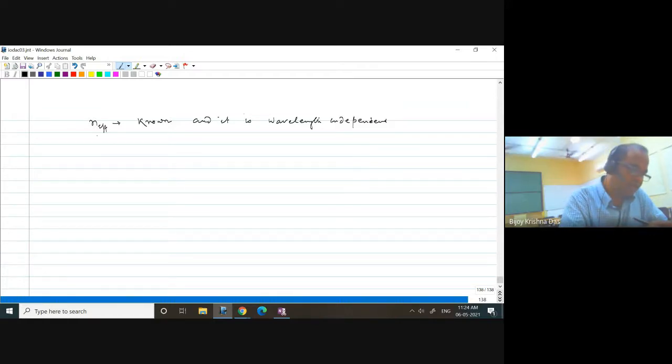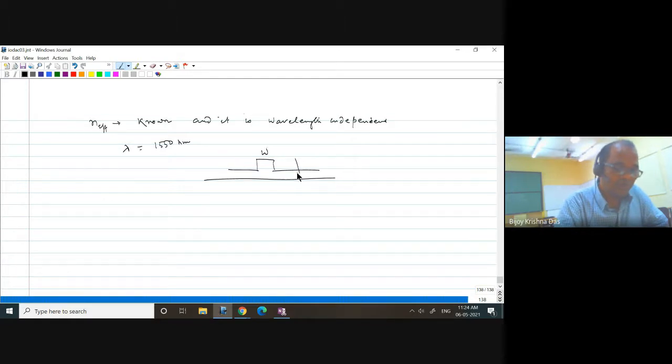As an earlier example, take lambda equal to 1550 nanometers and a rib structure with width W, total height H and etch height small h. With a numerical or semi-analytical method, for given W, H and small h, you can find the n effective for the fundamental mode at lambda equal to 1550.